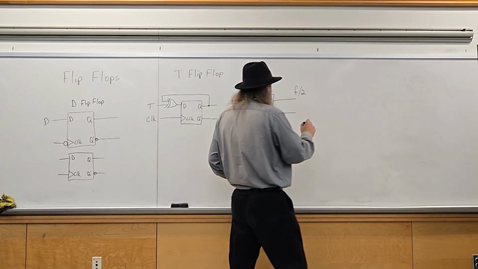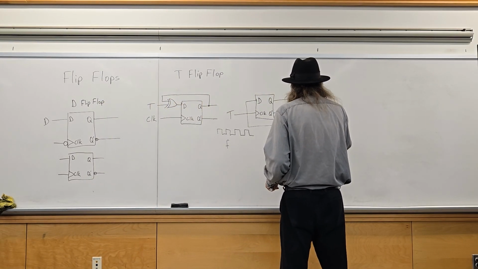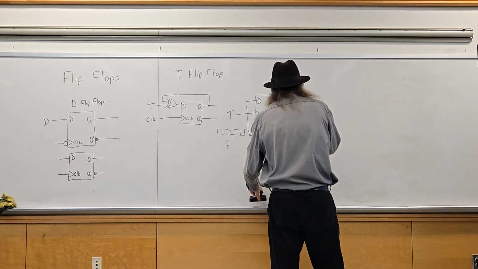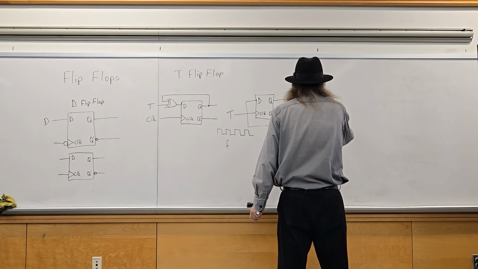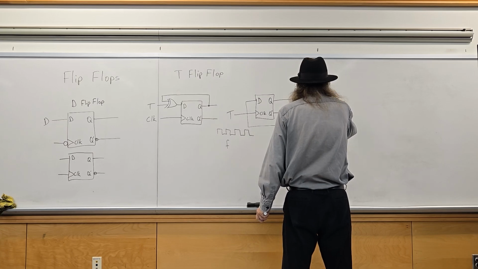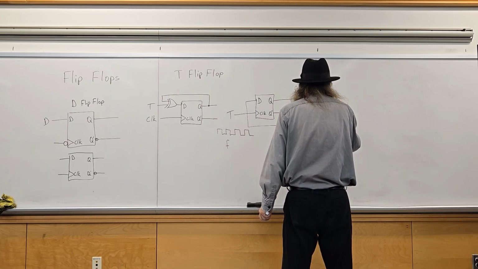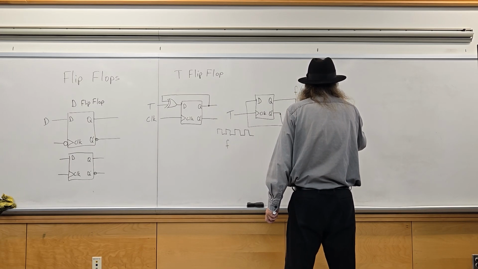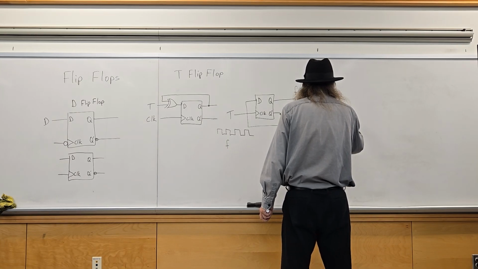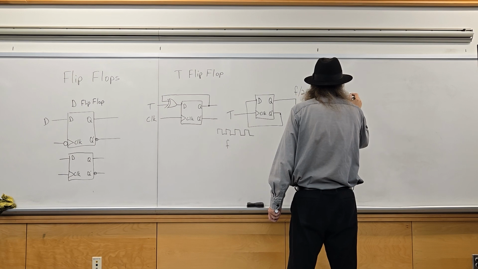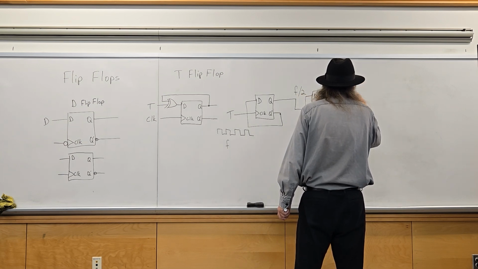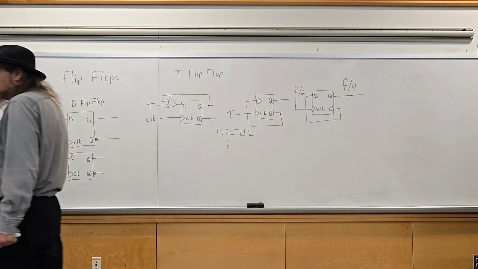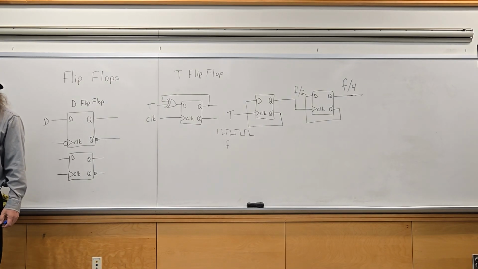When you string them together, say you have 2 of these, this would be F divided by 4, because you're dividing it by 2 and then dividing that by 2.